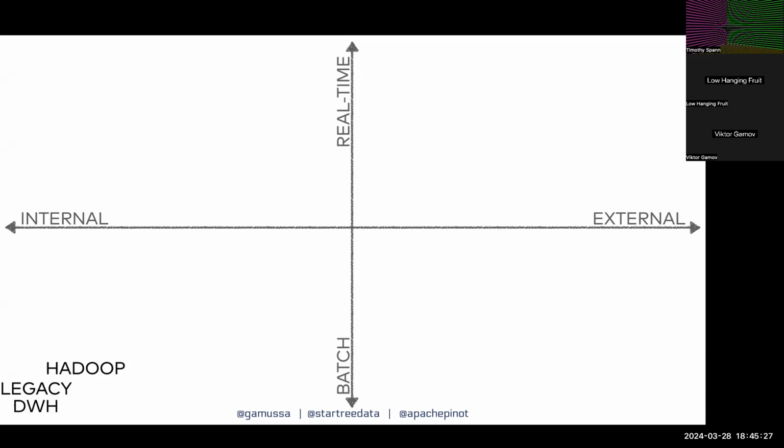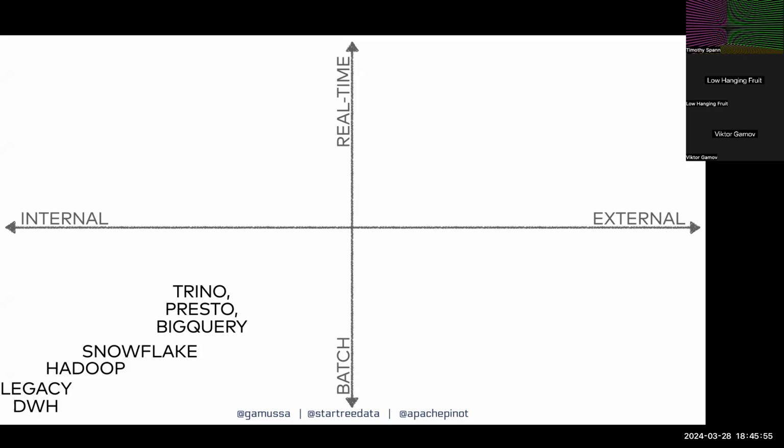Some of the systems require a lot of data in these legacy data warehouse systems. Hadoop was one of the systems that was used to generate these analytical results that were batched, and to run some internal workloads. Snowflake. Some of the more modern systems like Trino allow you to do federated queries across multiple different data sources.